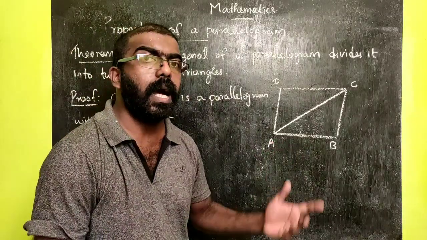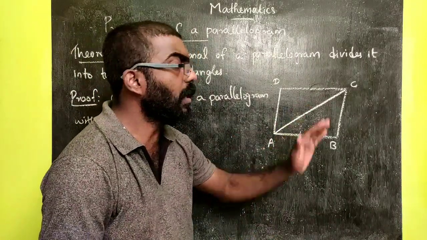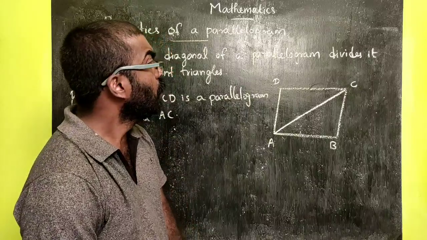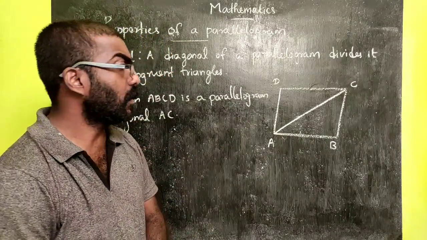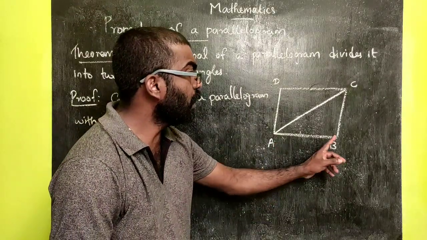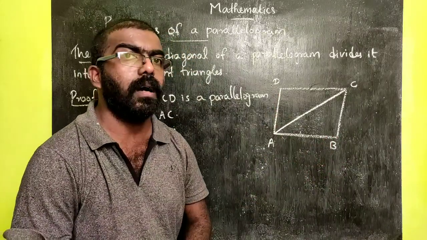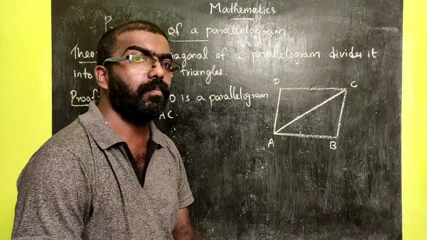So here we have to prove the diagonal AC divides the parallelogram into two congruent triangles. That means triangle ABC and triangle ADC are congruent. That we have to prove.